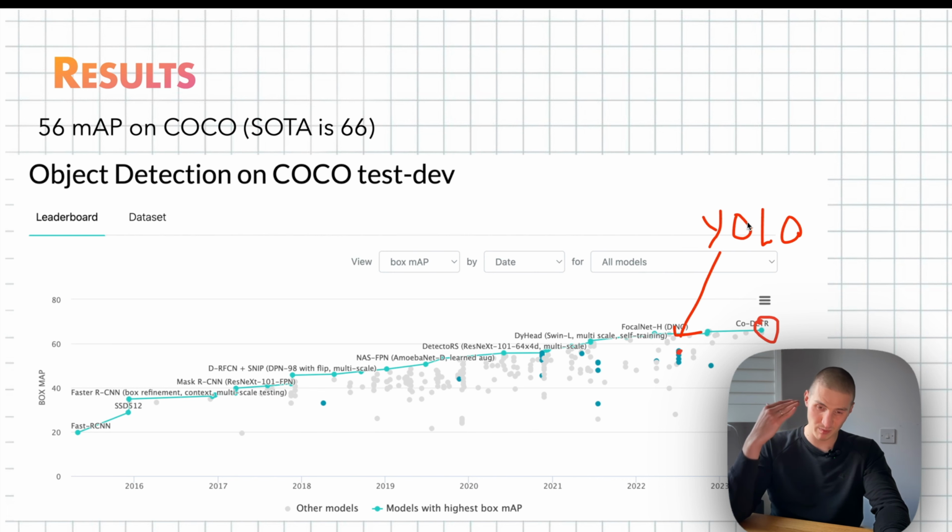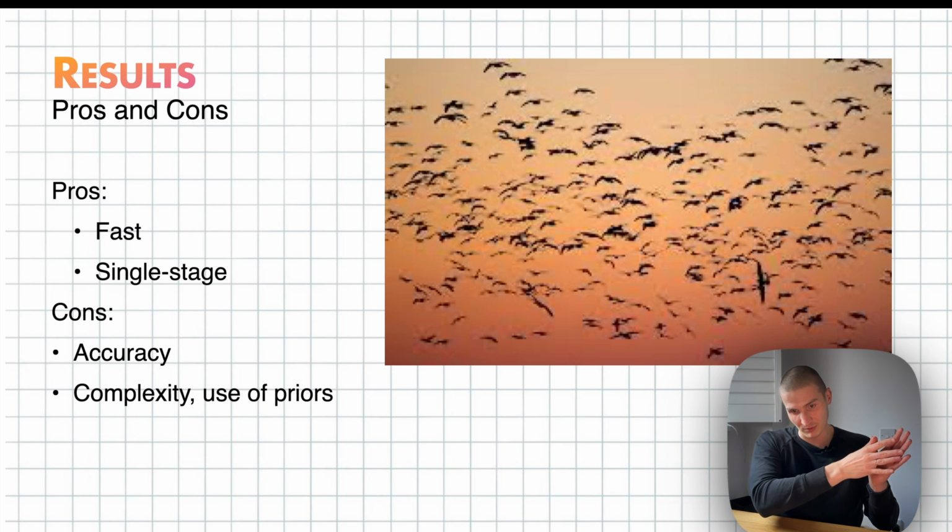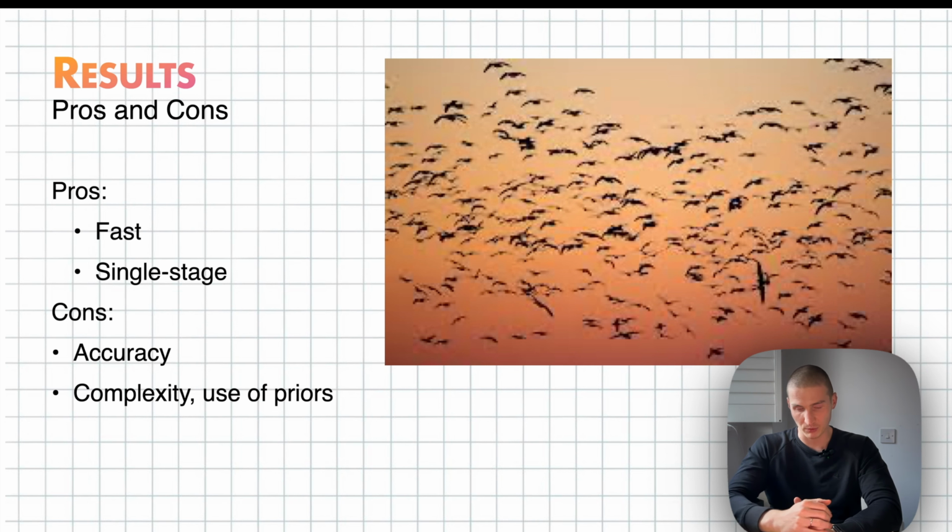So YOLO is a bit behind in terms of accuracy, but it is still a really good model, mainly because it's fast and it's single stage. So it's fast during inference. You just need one stage: you feed in the image, you get the prediction, and then a quick post-processing step, which allows it to work in real time, which is really good for applications like self-driving, robotics, and so on.